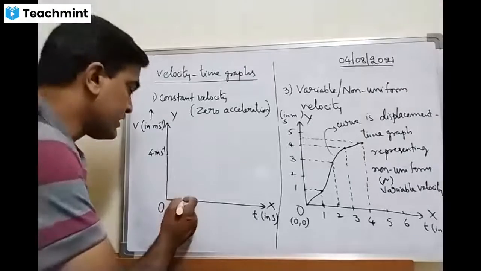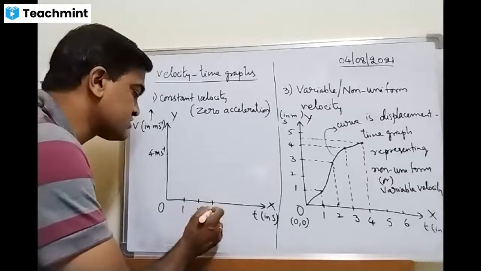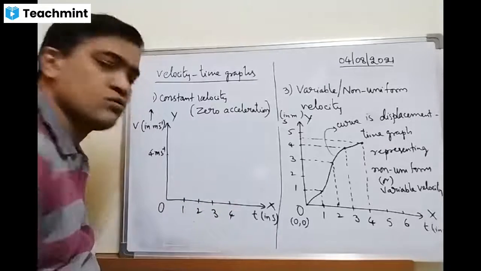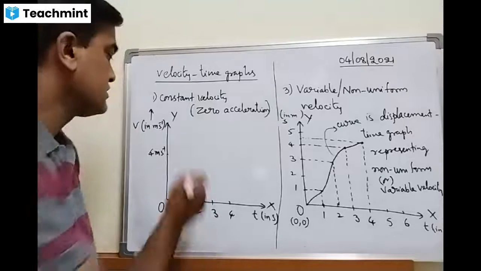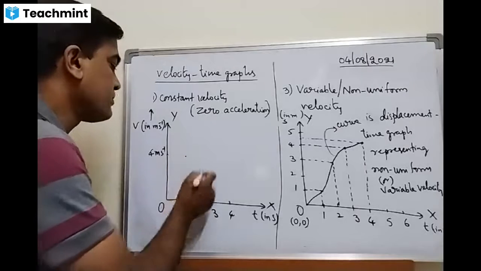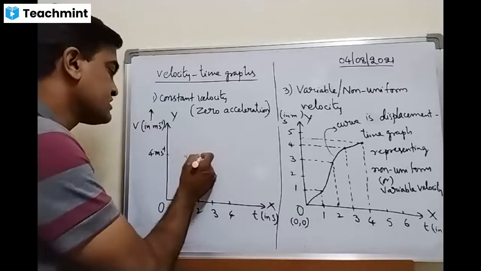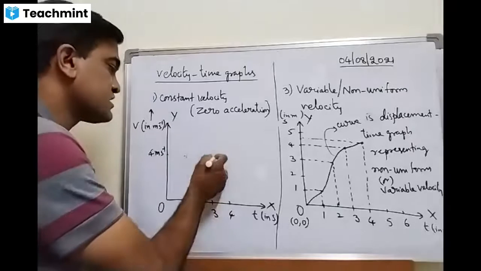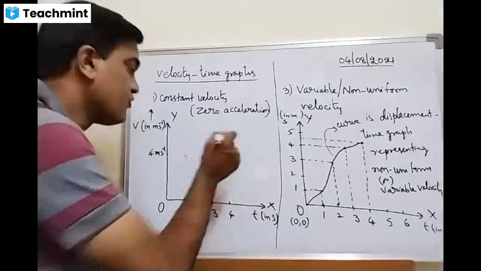Now at time t equal to 1 second, 2 seconds, 3 seconds, 4 seconds, I could see the velocity of the particle as 4 meter per second at 1 second. At 2 seconds again 4 meter per second. At 3 seconds again 4 meter per second. At 4 seconds again 4 meter per second.